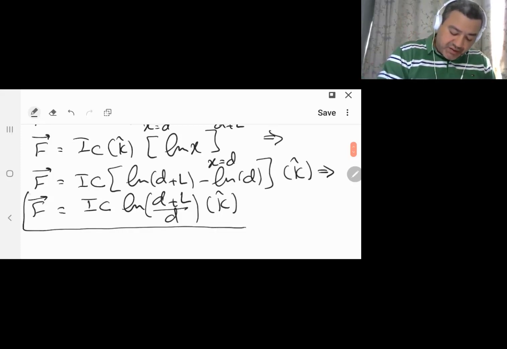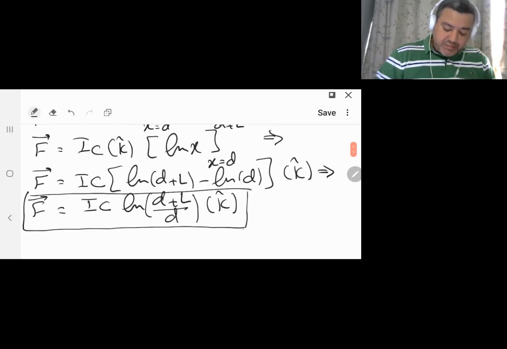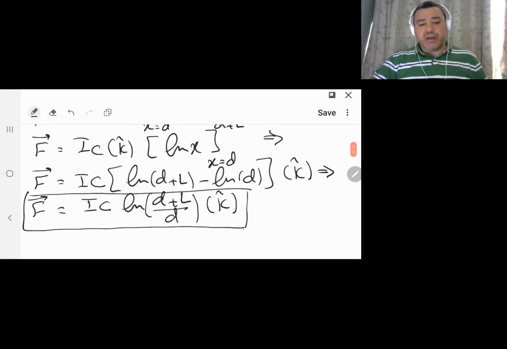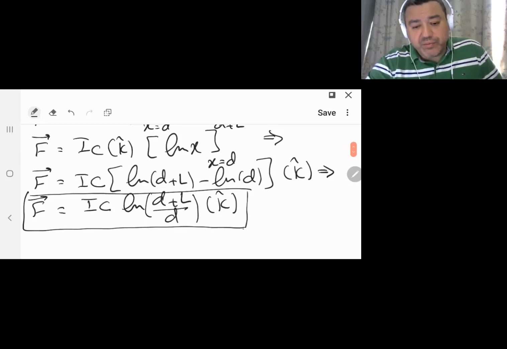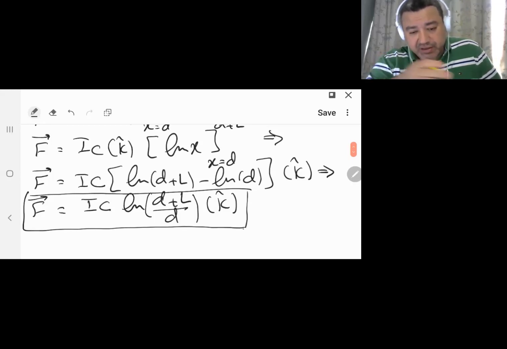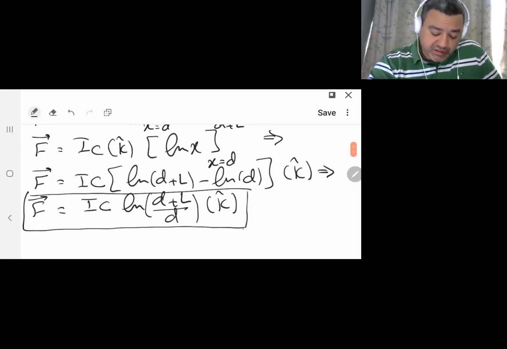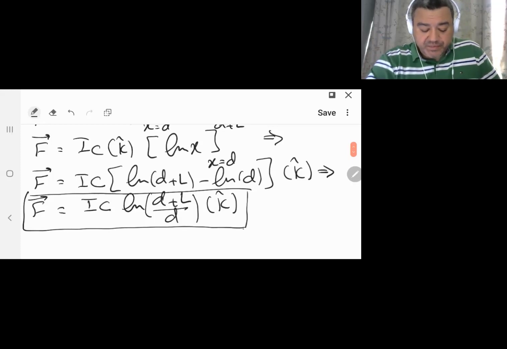So this is the net magnetic force applied on that wire due to a non-uniform magnetic field along the x-axis. The magnetic field is along the y-axis. However, it is non-uniform along the x-axis.